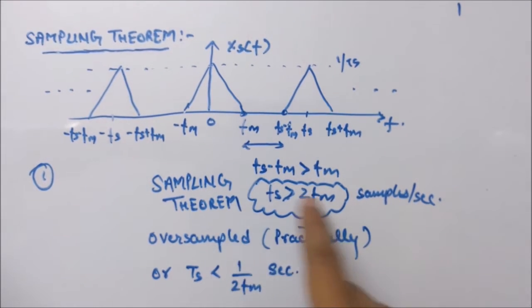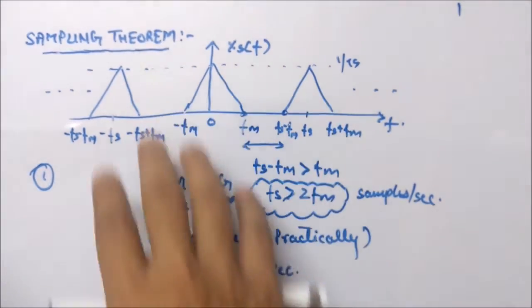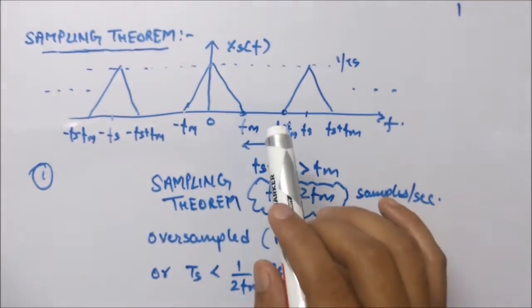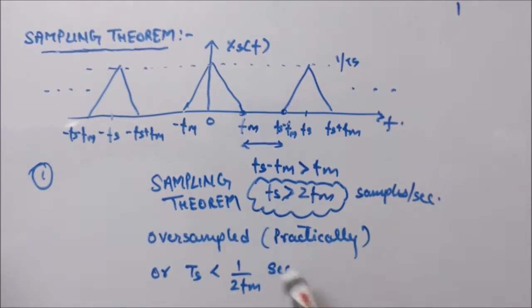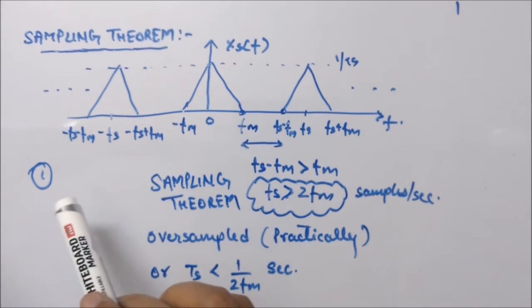That is related to the sampling theorem, but the equality sign is not there. So this is the case which is called oversampling. We have kept fs greater than 2fM, which is called oversampling, and is practically possible. You can also write this equation as Ts is less than 1 by 2fM seconds. So this is my first case.